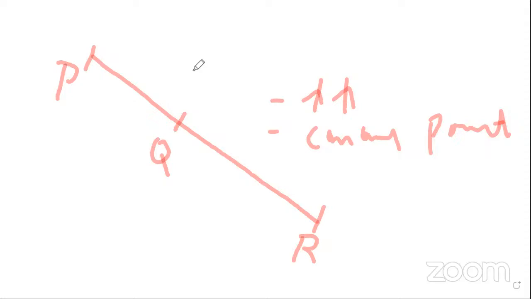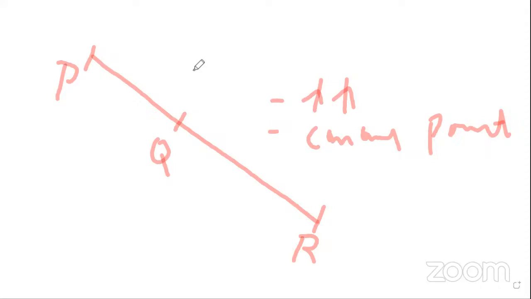PQ may be parallel to QR, and they are sharing Q. If you are able to prove the two, parallel and a common point, the combination will lead you to conclude that the points P, Q, R are collinear.